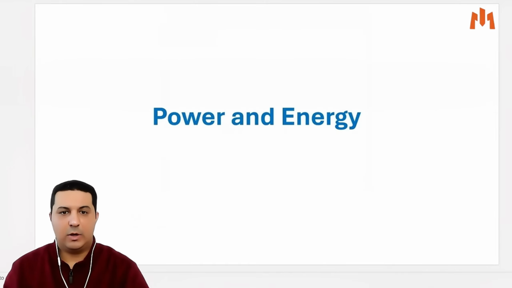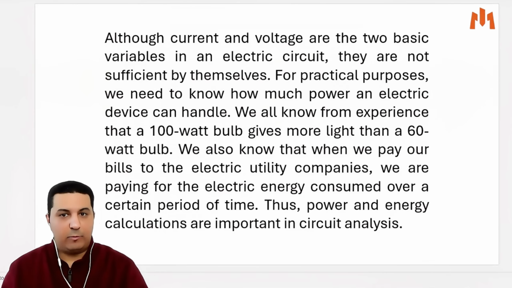Right now, let's go and talk about power and energy. Although current and voltage are two basic variables in an electric circuit, they are not sufficient by themselves. For practical purposes, we need to know how much power an electric device can handle. We all know from experience that a 100-watt bulb gives more light than a 60-watt bulb.